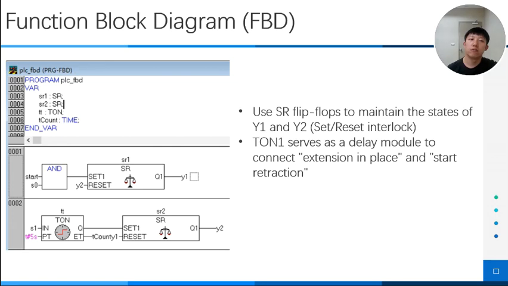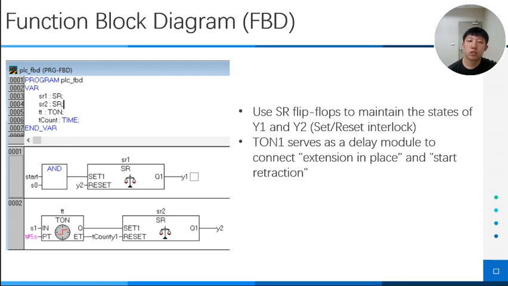This is the function block diagram program. I use AND block, SR flip-flops, and TON timer. First, the AND block checks if start and S0 work together. Then it sets a signal to SR1 flip-flop, so Y1 turns on.